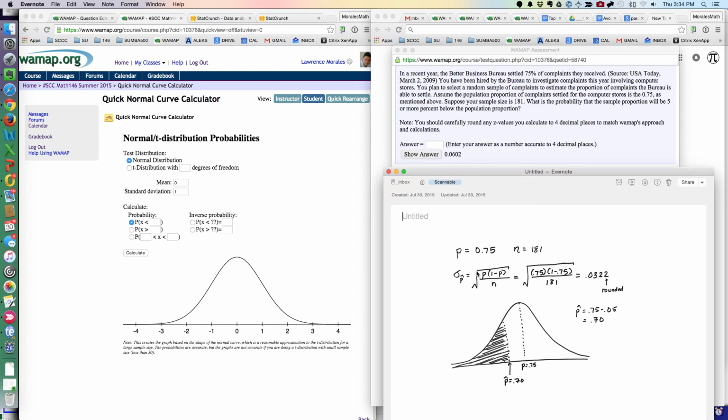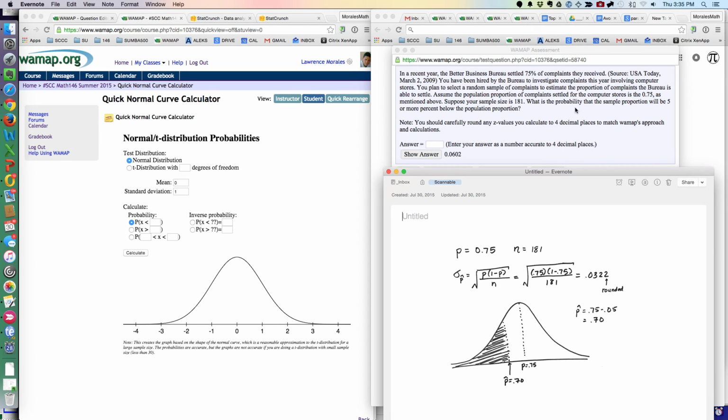So we use this familiar formula, hopefully it's familiar to you, where we plug in p into the formula and also plug in 181. And when I do this calculation and then round to 4 decimal places, I get 0.0322. So that's the standard deviation of the sampling distribution.